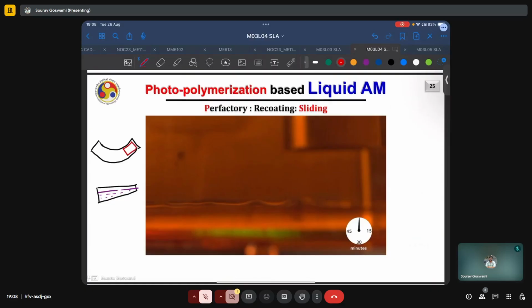On one side, we have an optimum layer of resin present. Let the right side be the optimum side here, and the other side can be the excess side.